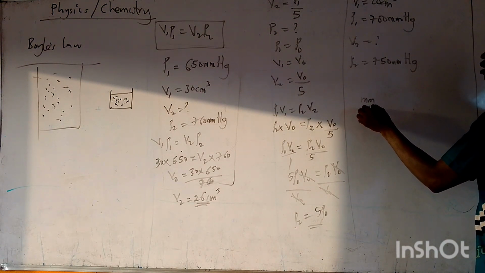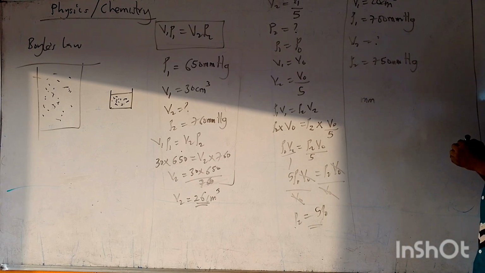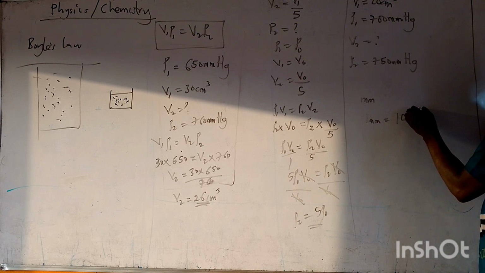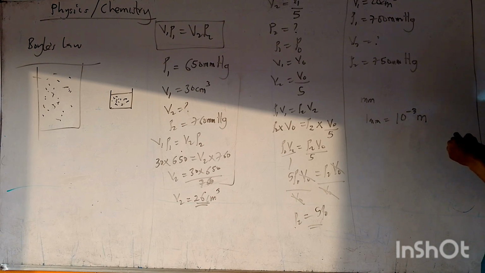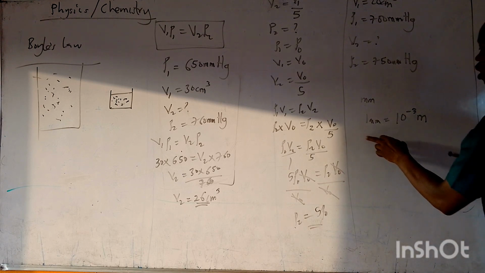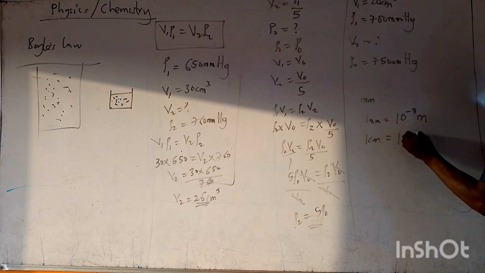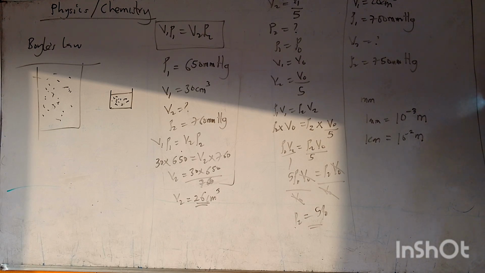Milli is times 10 raised to the power minus 3 meter, so 1 millimeter is equal to 10 raised to the power minus 3 meter, and 1 centimeter is equal to 10 raised to the power minus 2 meter. So if you convert from centimeter to millimeter, you multiply by 10.